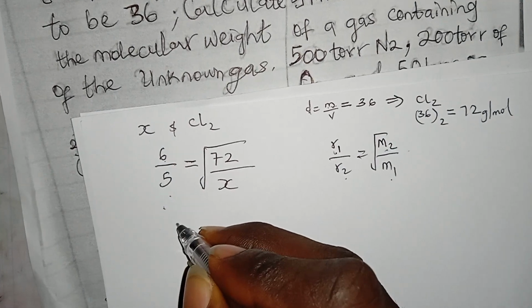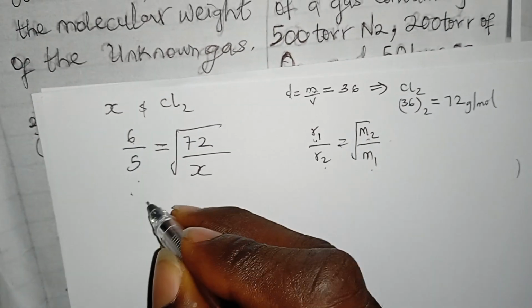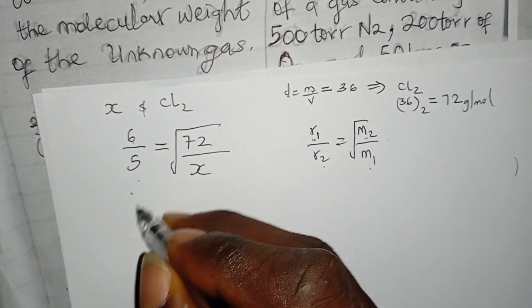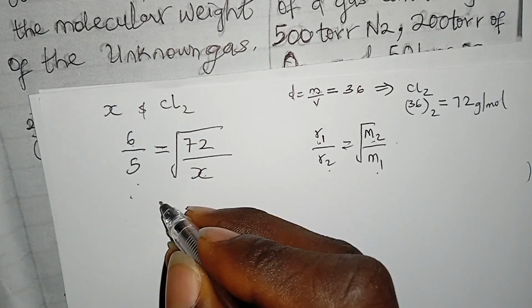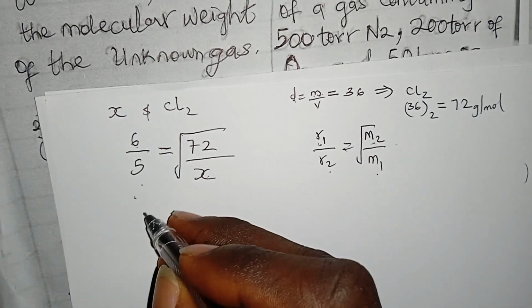Trying to make X the subject of the formula means we have to take the square of both sides.